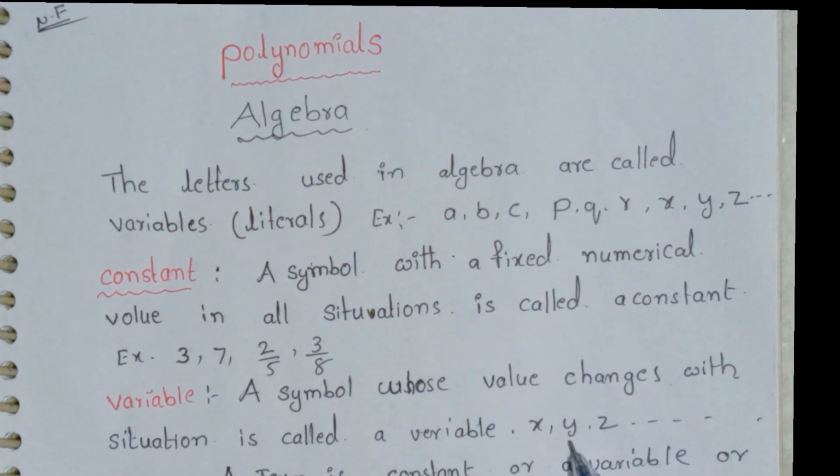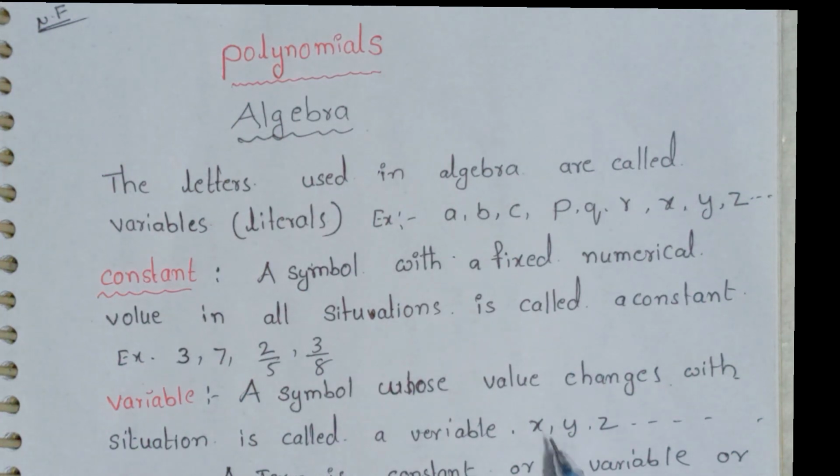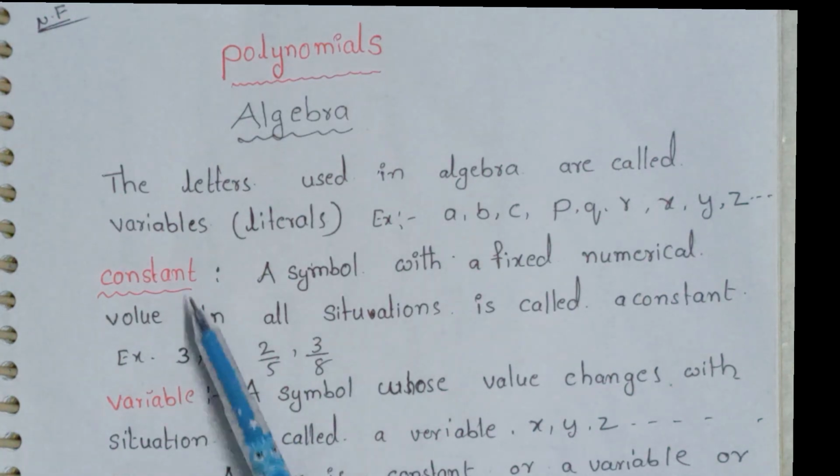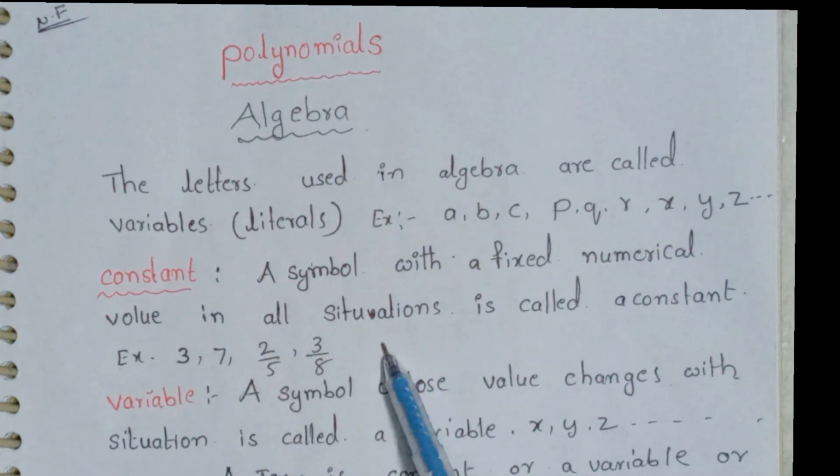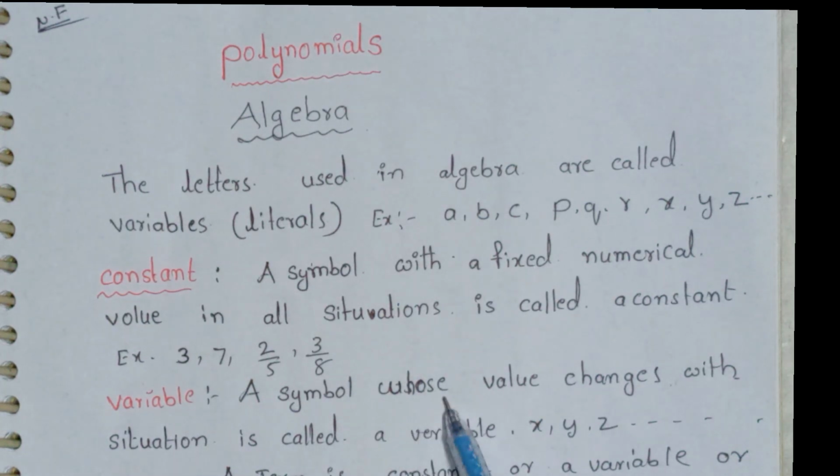So the values change according to the situation. Different situations, different values, those are variables. Constants are only digits, with no change of value. A variable's value changes according to the situation.